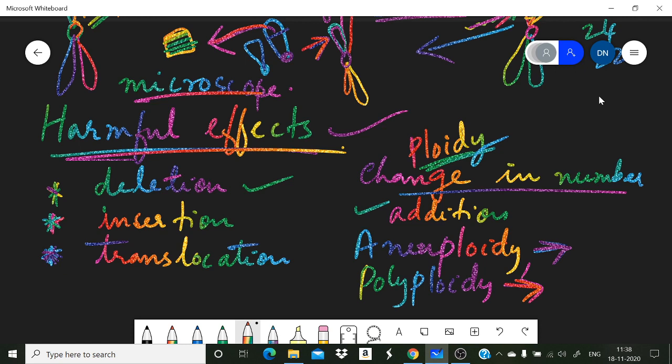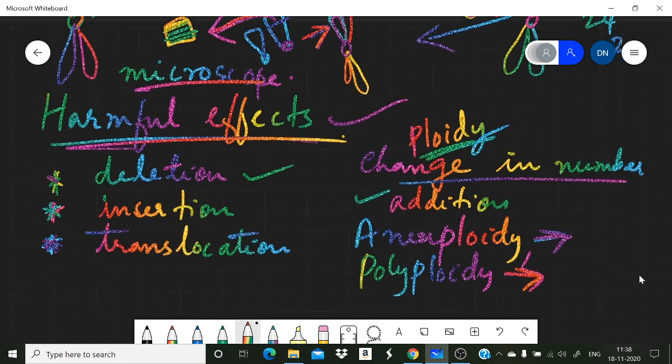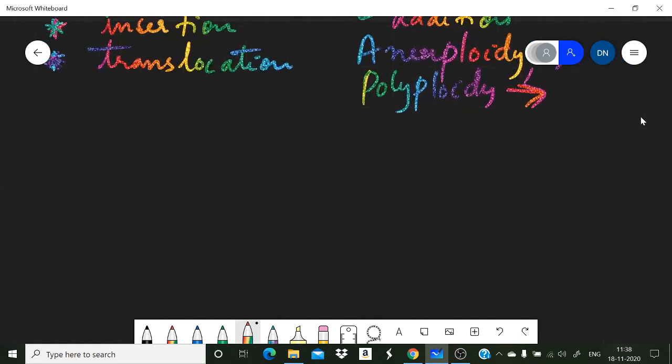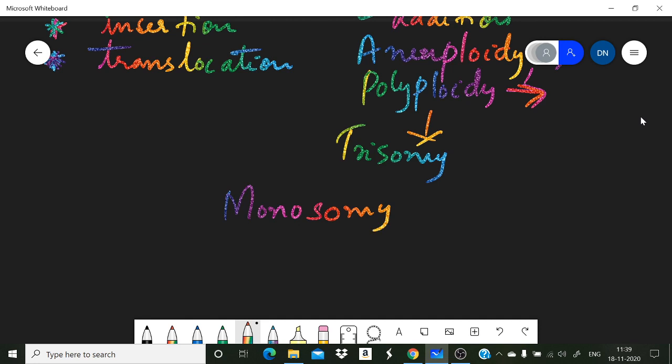Okay. And because of the changes in the chromosomal number, mutations are of different types. If there occurs any change in the number of the chromosomes, that may lead to conditions like trisomy, monosomy, and nullisomy.